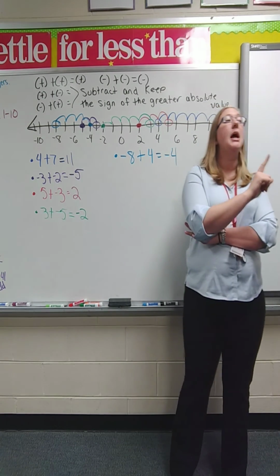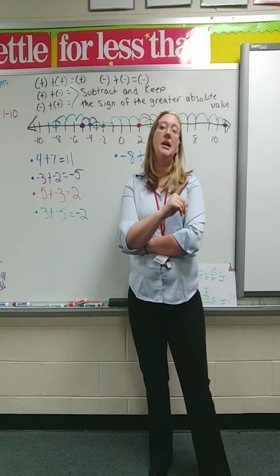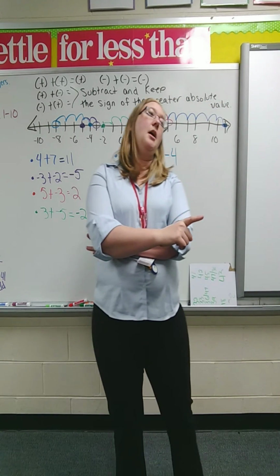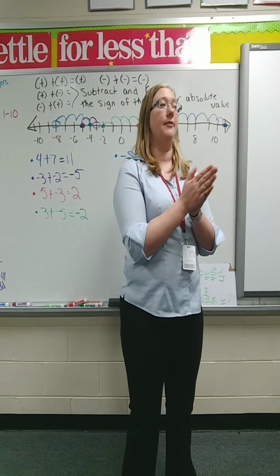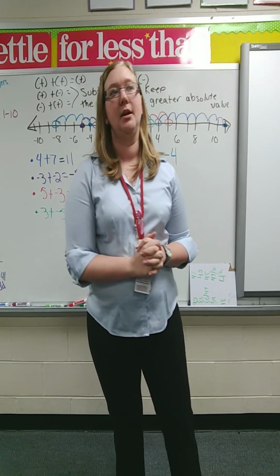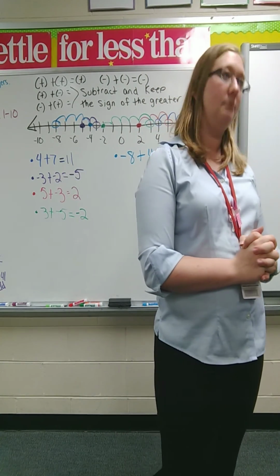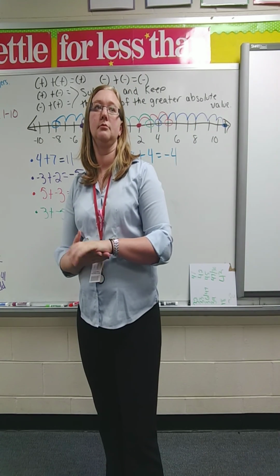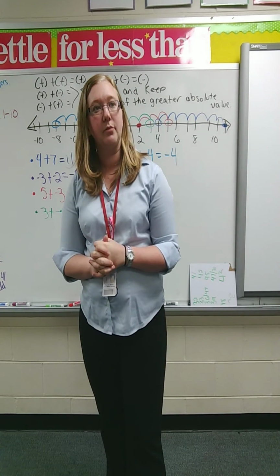Okay. And sometimes that would happen. But it depends on what our negative values are and what our positive values are. What I want to know is how would we solve it? You work from the left to the right, and whatever has the greatest absolute value, you would use their sign. Okay.